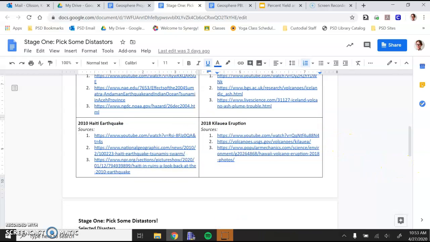And then lastly, we have the 2018 eruption in Hawaii, which was very significant in that it wiped out an entire subdivision.